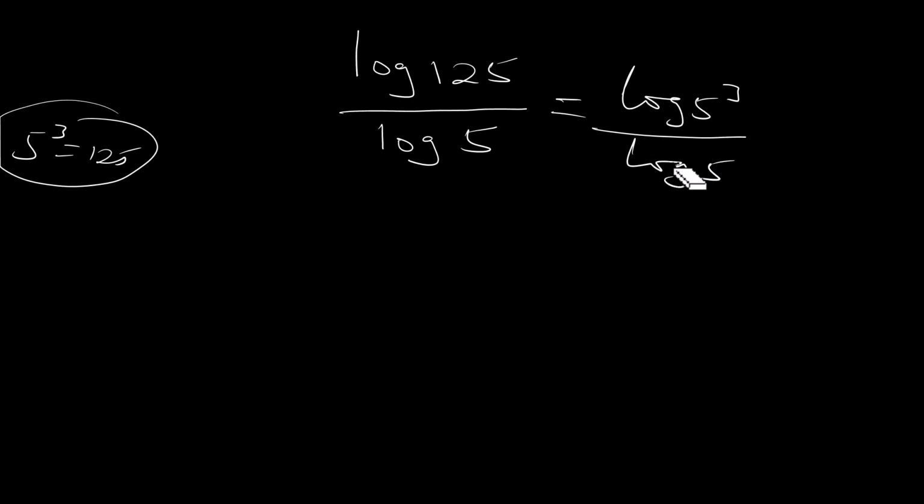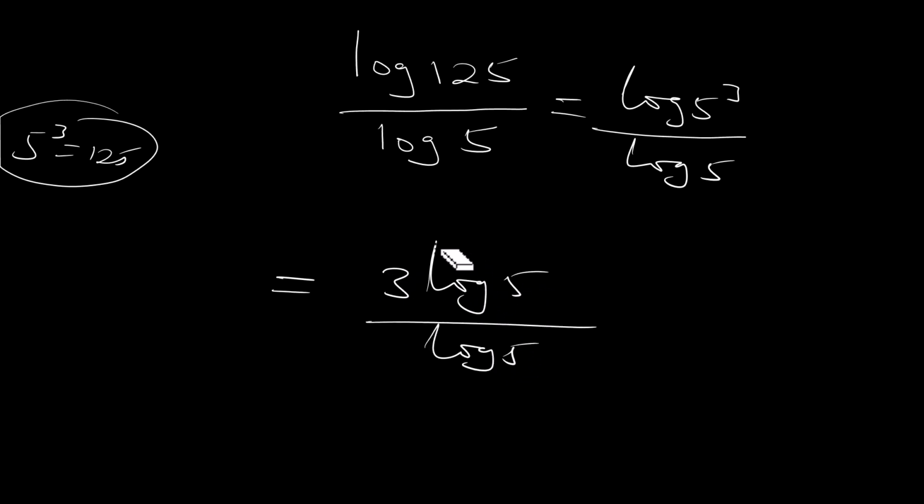Why are we expressing it this way? Because we have the denominator log 5, and we want to cancel it out by getting log 5 in the numerator. So this is the same as 3 log 5 on log 5, and therefore this cancels. My final answer is 3 on 1, which is 3.